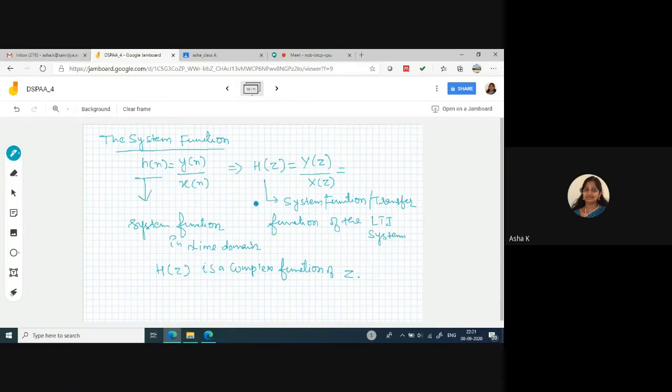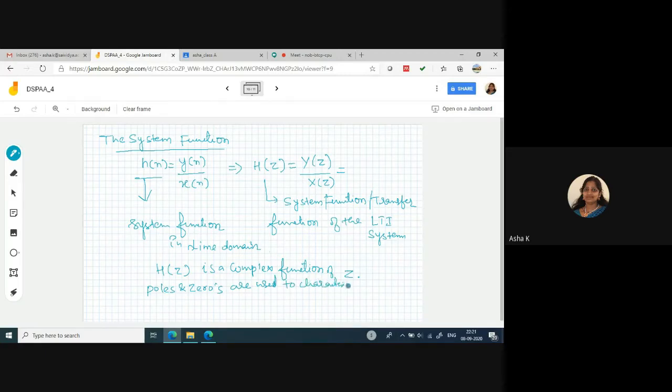So the system function H of z is the ratio of the z transform of y of n to the z transform of x of n. So here we have to concentrate on poles and zeros. The poles and zeros are used to characterize the LTI system.